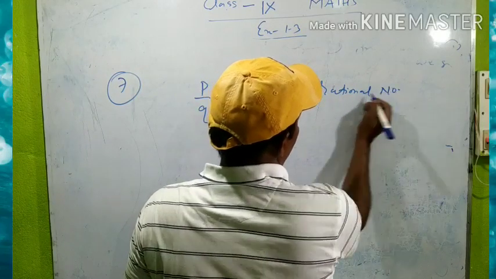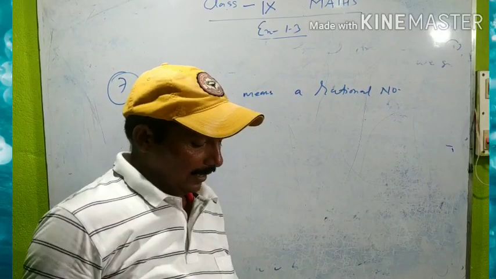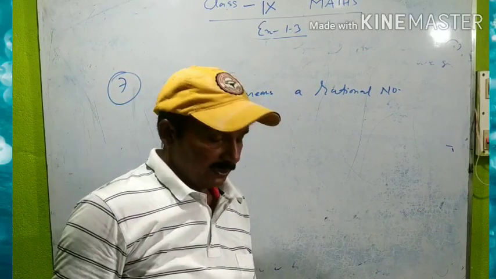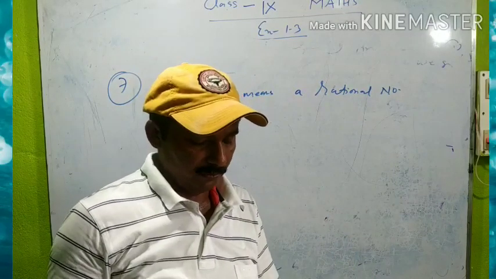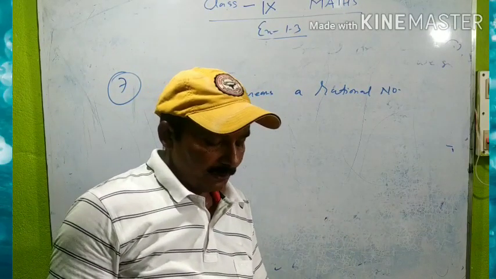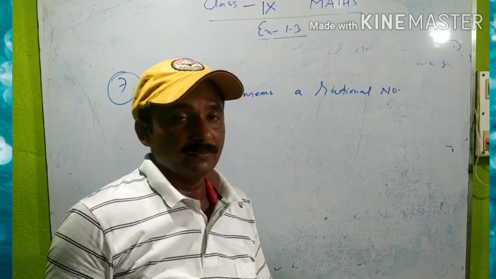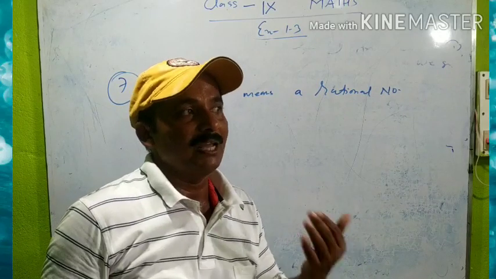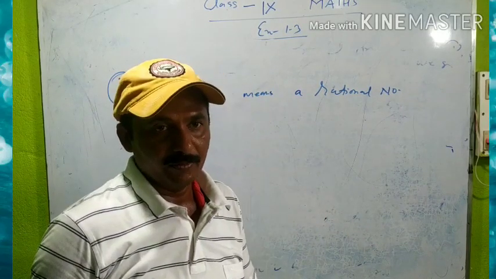Rational number. Look here, in question number 7, when we convert a rational number into its decimal form, what property works here? We ask what type of decimal expansion there will be, especially the terminating decimal expansion.